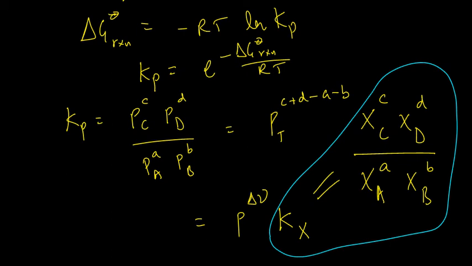But remember, Kp does not have a dependence on total pressure, but Kx would have a dependence on pressure. Kx is equal to Kp times P to the power minus delta nu.